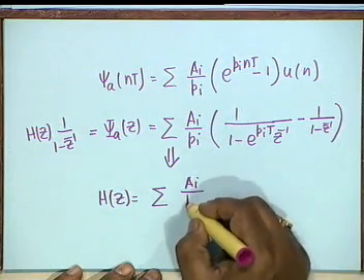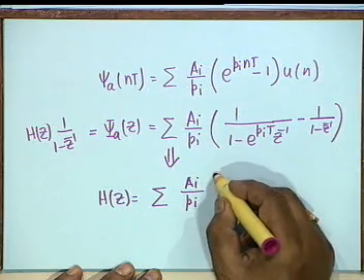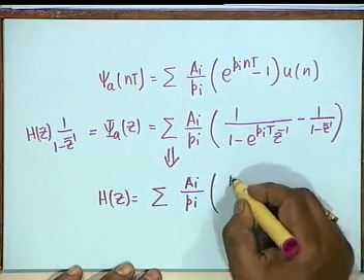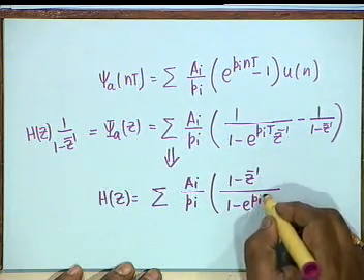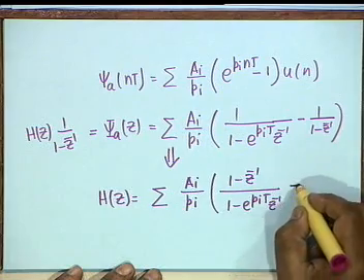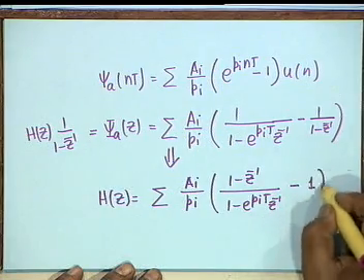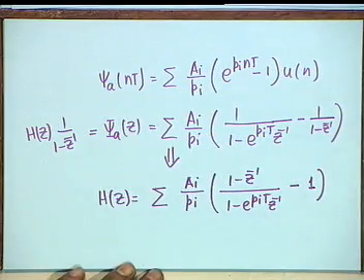Therefore, the step invariant transformation gives me a transfer function h of z, which is equal to summation a sub I divided by p sub I. What do I get here? 1 minus z inverse divided by 1 minus e to the pit z inverse, minus 1. This is the transfer function that we get.